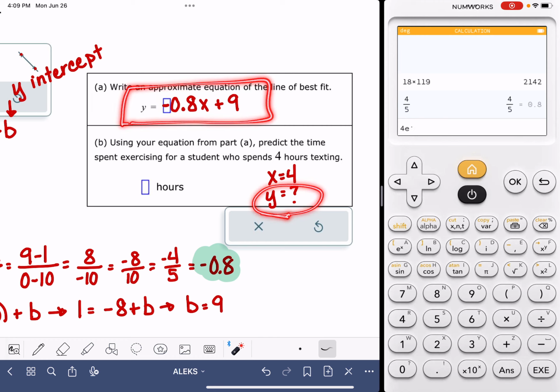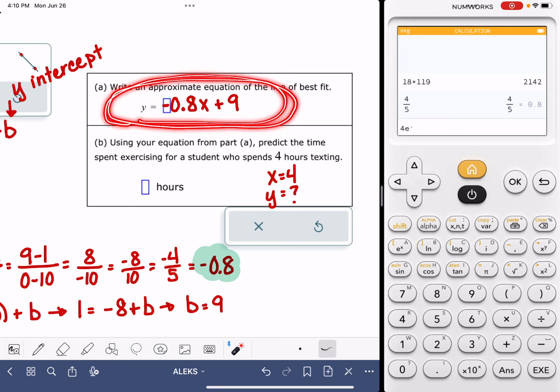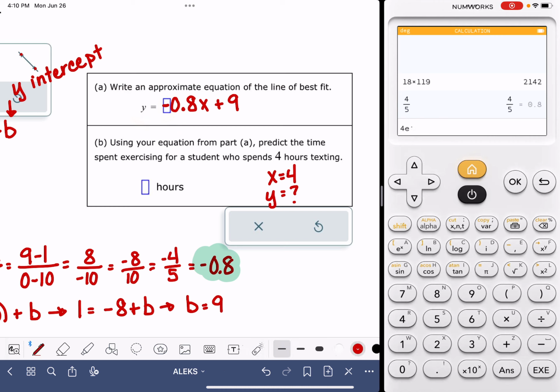It is going to use the equation that you put in this box to calculate y to see if you're getting this correct. So whatever you've written up here, this is the equation that you need to use to solve for y.